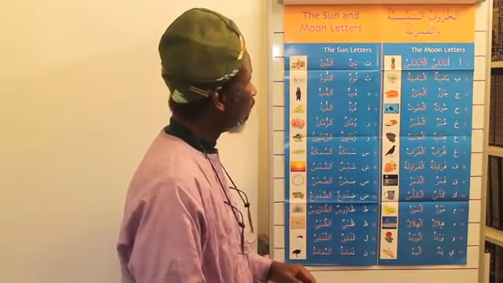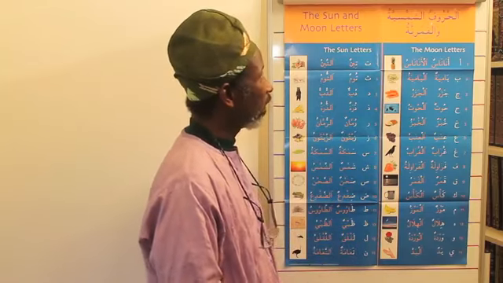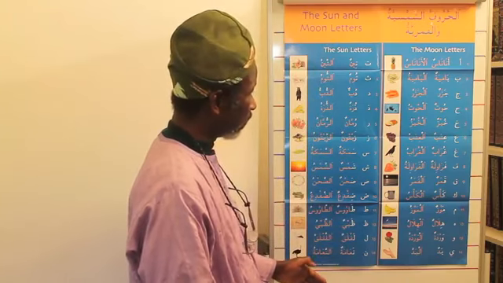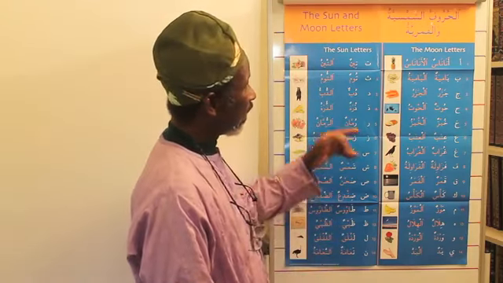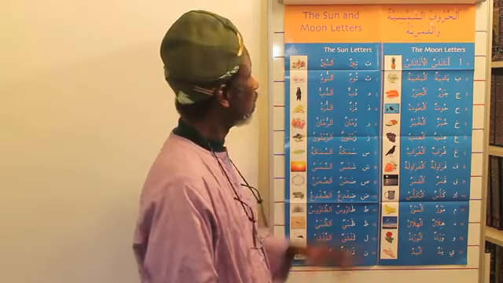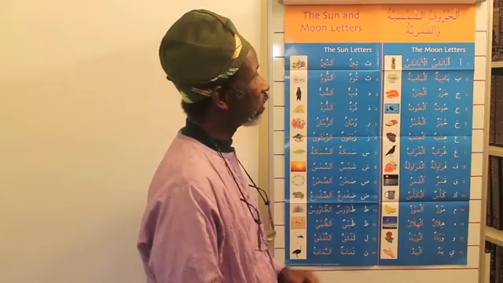Bismillah ar-Rahman ar-Rahim. Now, in front of you here, you have one of our A1 posters, and it's about al-huruf al-shamsiyyah wal-qamariyah, the sun and moon letters.